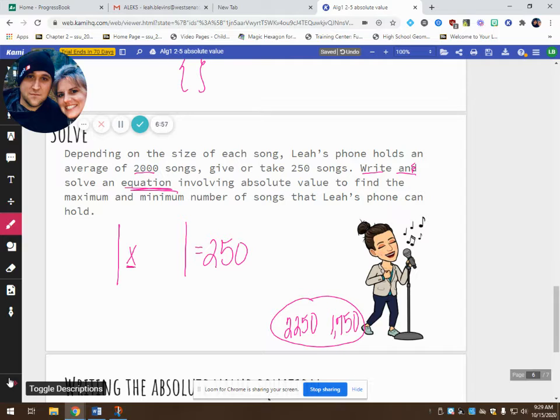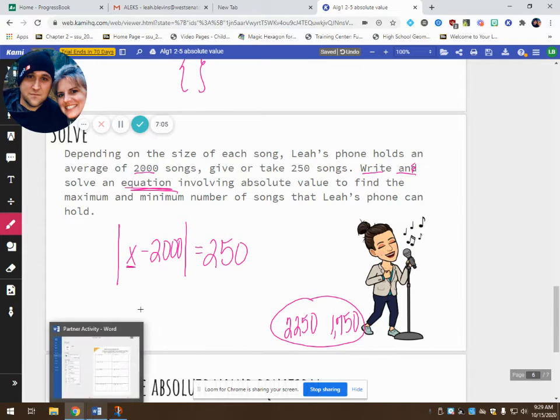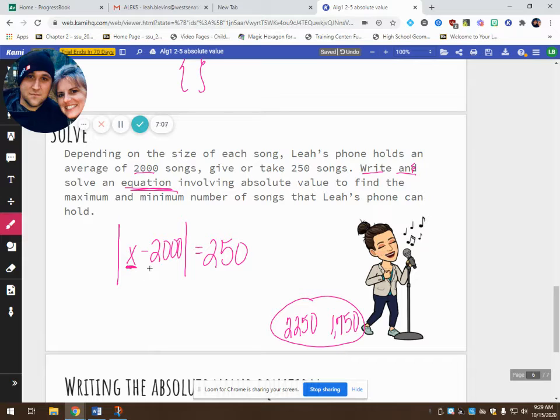Well, the difference between what it holds and the average is 250. Remember, the difference is the answer to a subtraction problem. So the difference between the actual number and the average number is 250. So now we've got to make our two cases. X minus 2,000 equals 250.